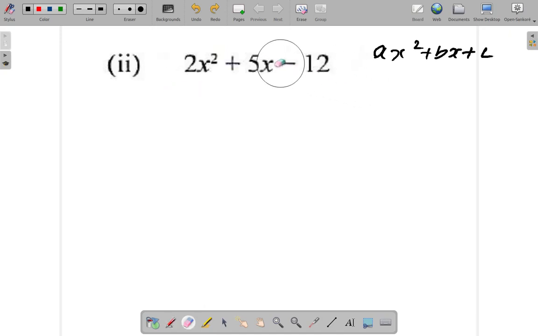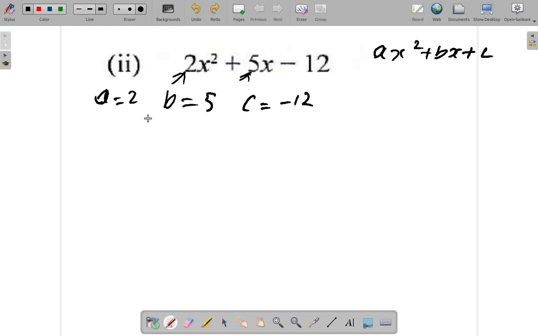You must identify your A, your B, and your C. A would be 2. A is equal to 2. B would be the number that multiplies x, which is 5. So B is 5. C is not 12, it's negative 12, because it's the same as plus negative 12. So C is negative 12.